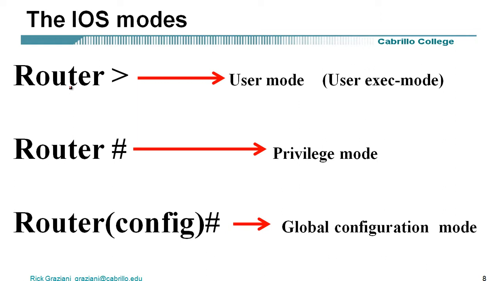So once you log into it, it will come in this router, greater than or less than, whatever. So that signals that you are in user mode. Because we have said your router is a computer, this would be like logging into your computer through the guest account. The guest account, you can't install anything, as in under user mode you can't do much configuration on the router.